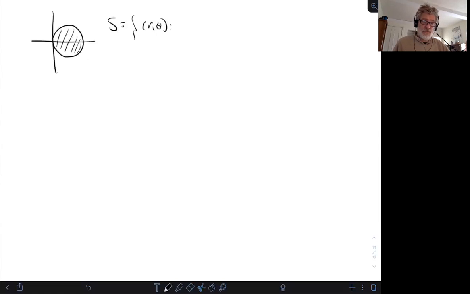You have to be careful that the angles you choose are the ones for which r is positive. So minus pi over 2 to pi over 2, and r is between 0 and 2 cos theta.